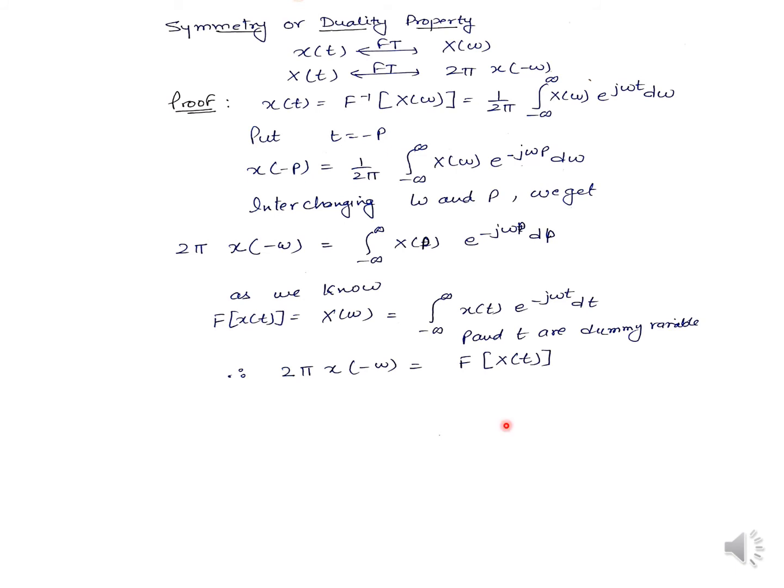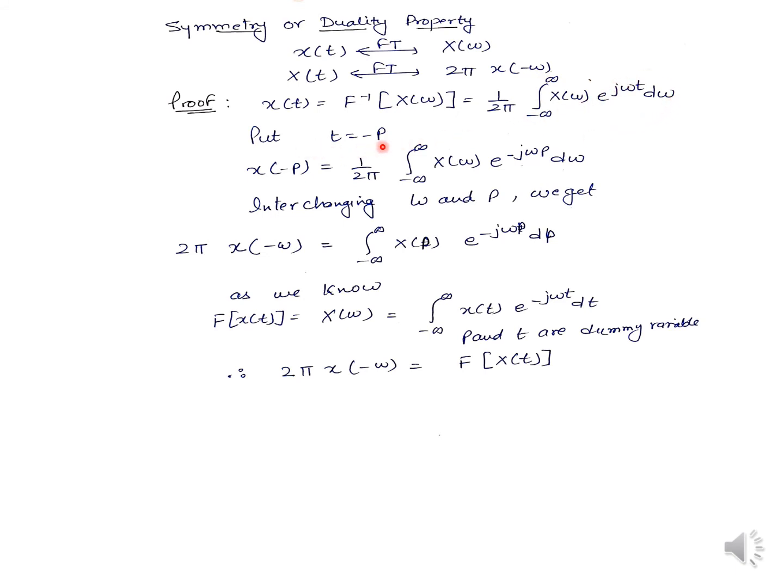So x of t has Fourier transform X of omega, then capital X of t, meaning this thing comes to this side, is equal to 2 pi times this function comes to this side, and there is a minus of omega. So x(t) is equal to the inverse Fourier transform of capital X omega, and then 1 upon 2 pi, this formula which I put in the first slide.